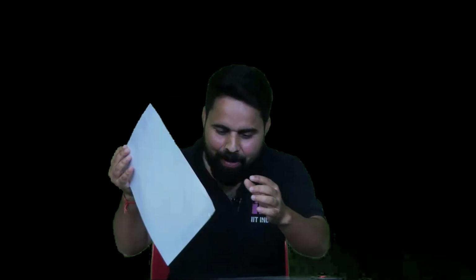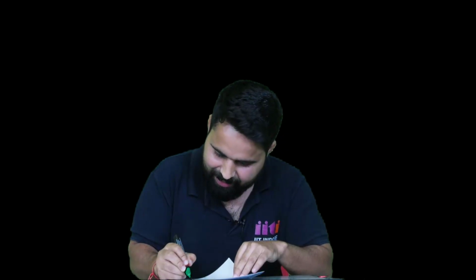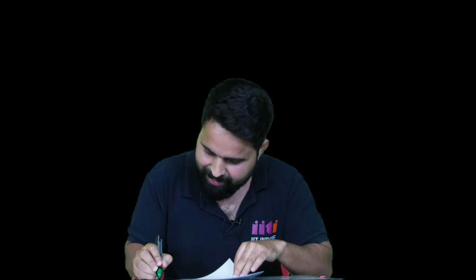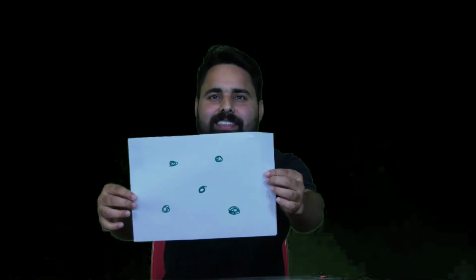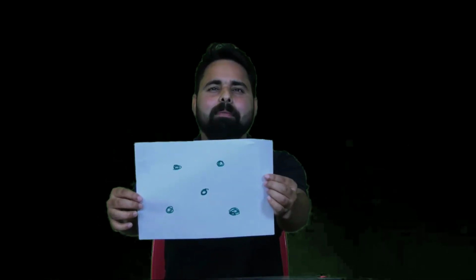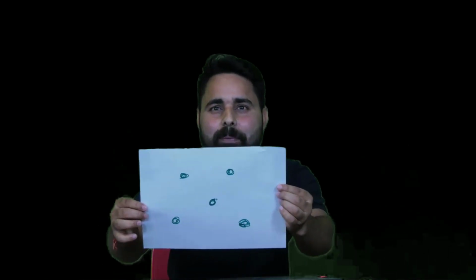I have this piece of paper. I will draw some points on it. I hope you are able to see these points. Now for the time being, forget about this piece of paper.